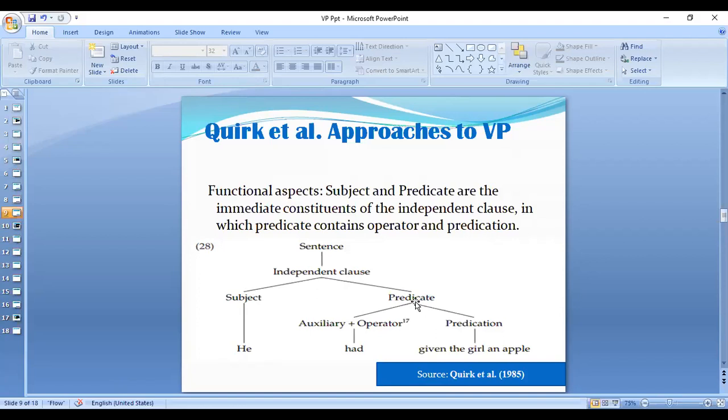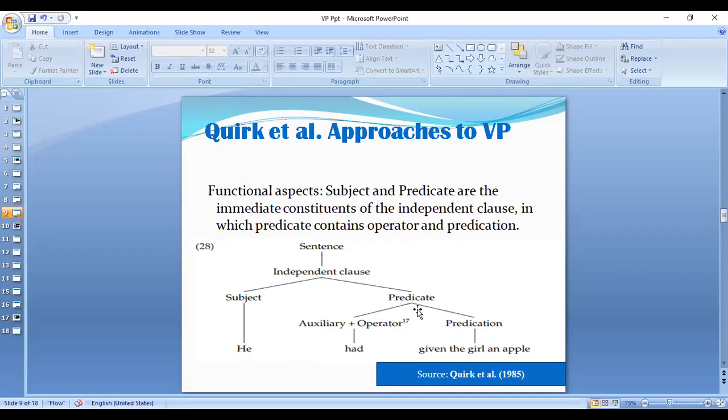And the predicate indicates the auxiliary verbs, as well as the main verb, as well as other complements, adjuncts, and adverbials. For example, here, he is the subject, and had is an auxiliary verb, an operator, because it operates the relationship between the subject and the main verb and other complements. So we can say that had is an operator. It operates a relationship between the subject and other predications.